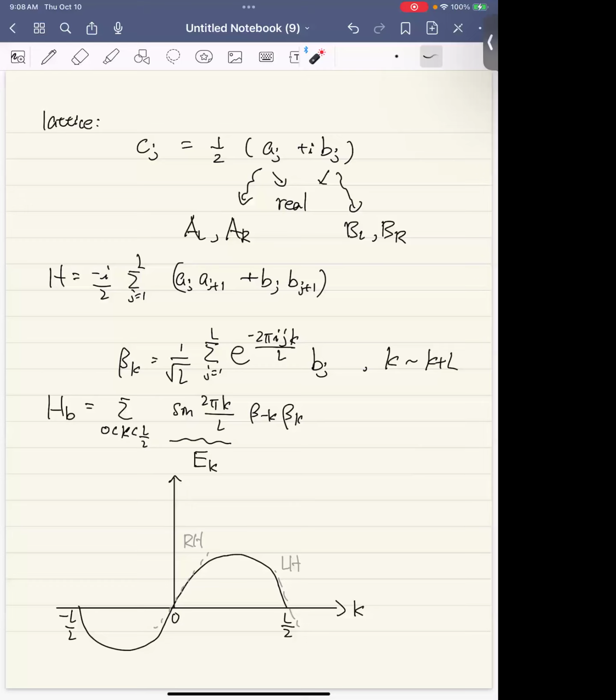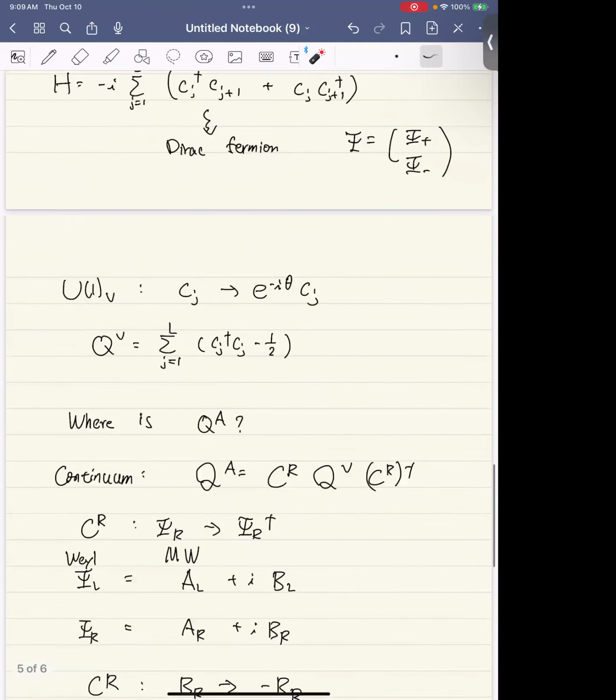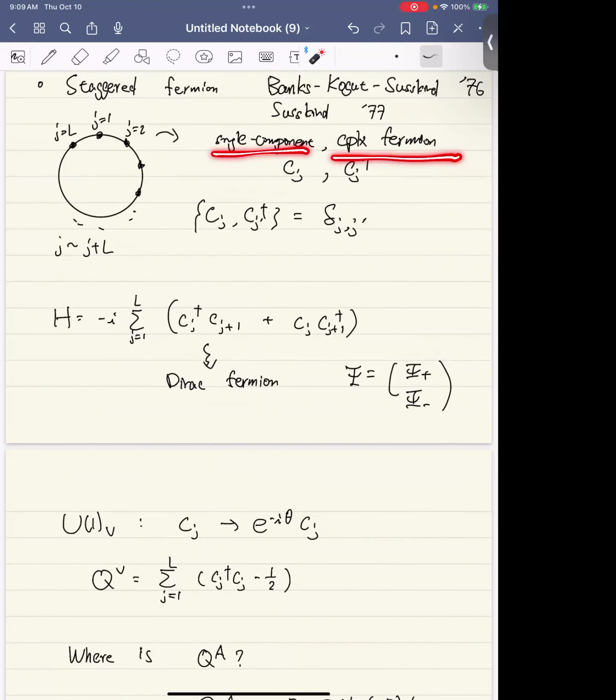The key insight by Lenny in the 70s was that if you get a factor of 2 from the doubling problem, you just multiply by a factor of 1/2 in your starting point. And that's why in the original Hamiltonian, you have a single component complex fermion at every site, which is only half of the degrees of freedom of the continuum Dirac fermion.